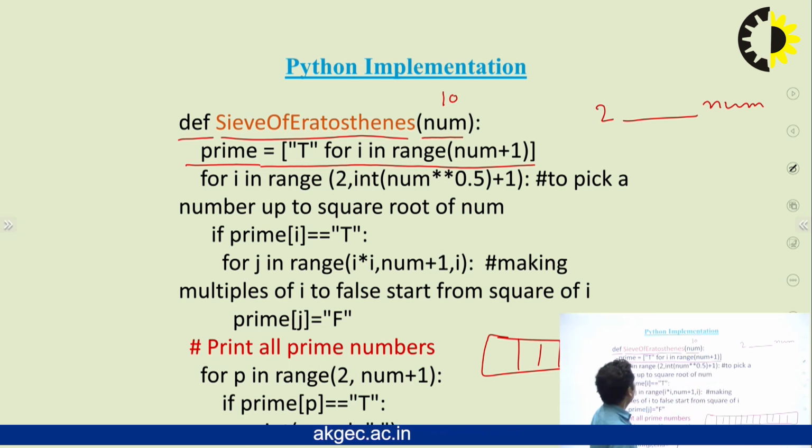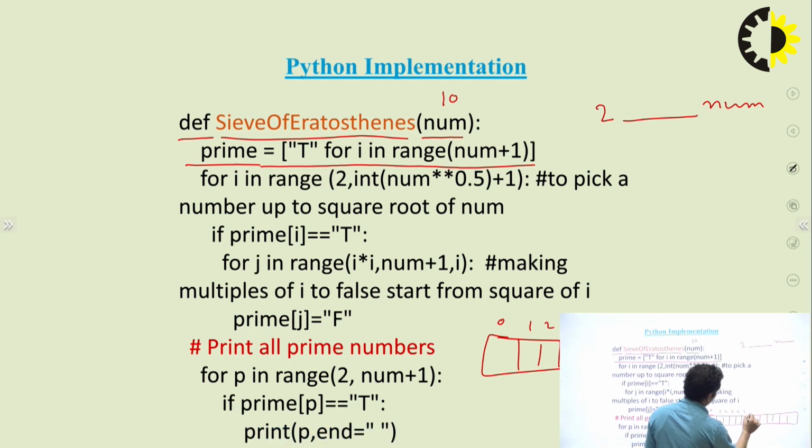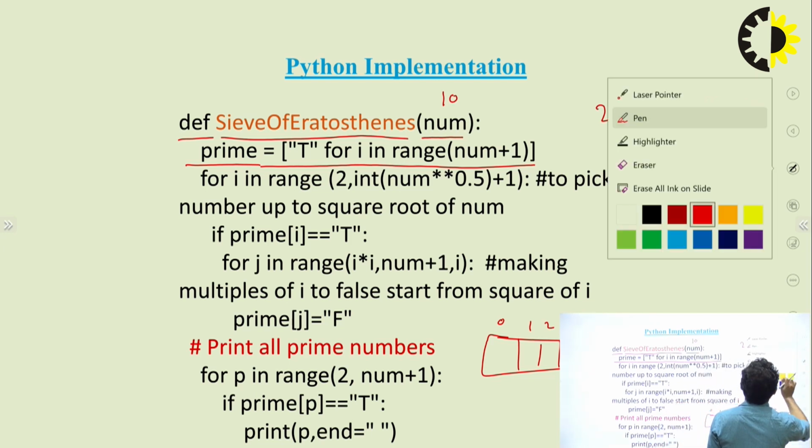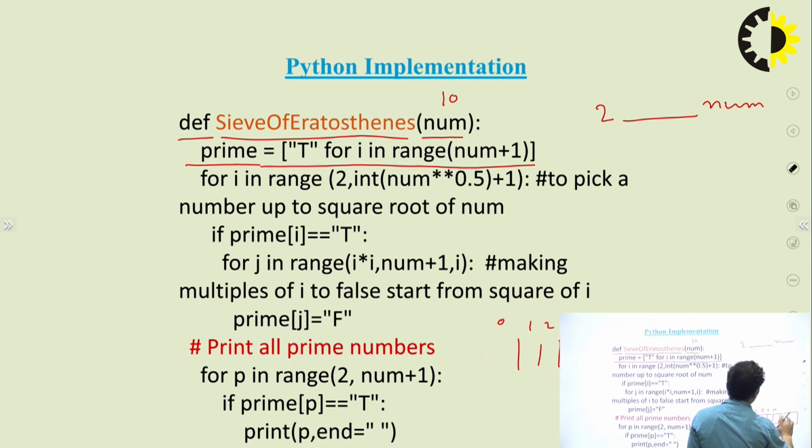This will generate a list from 0 to 10 and make each a true value: 0, 1, 2, 3, 4, 5, 6, 7, 8, 9, 10.